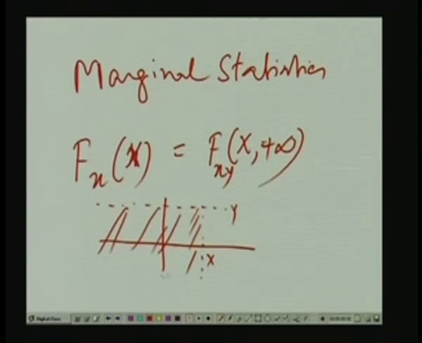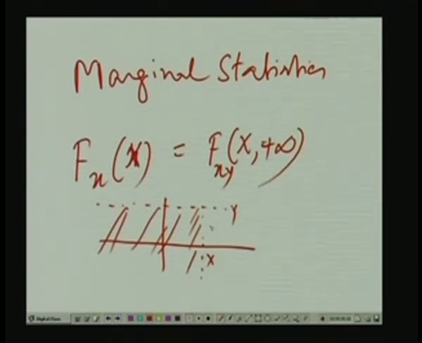The total probability of x y falling within this region was F x y of capital X comma capital Y. But if this capital Y moves to infinity, then this will be nothing but the probability of just x taking values to the left of this line, that is, x taking values less than or equal to capital X irrespective of y, or all possible y's were considered.